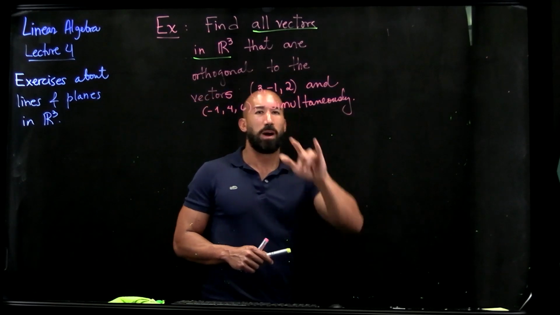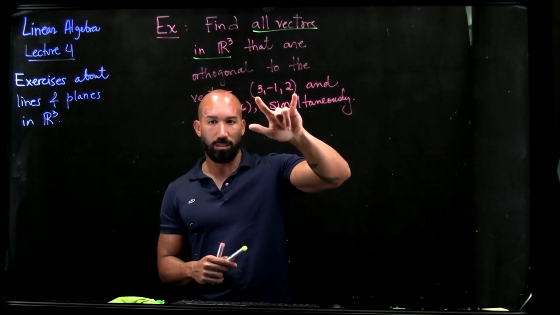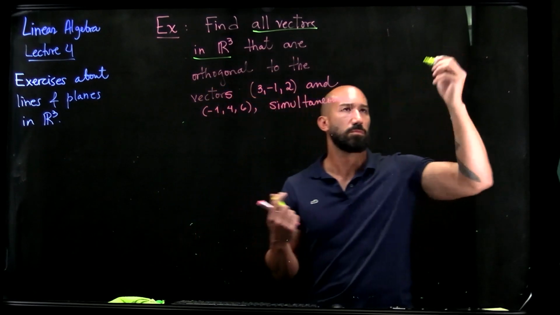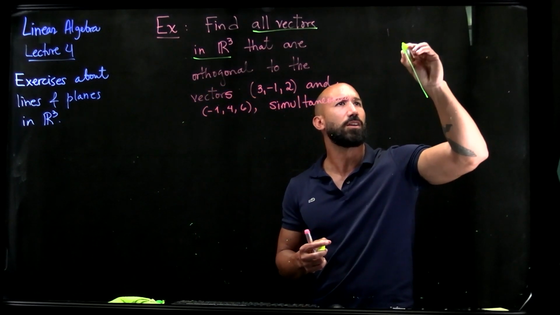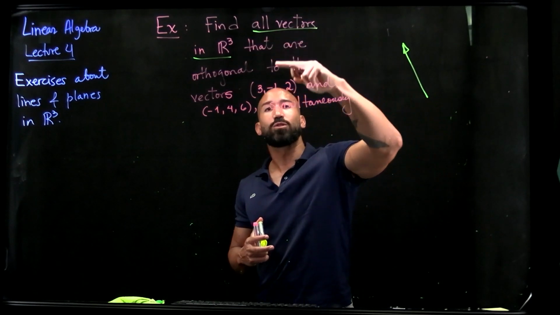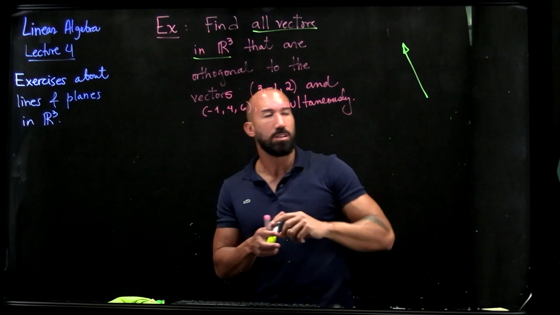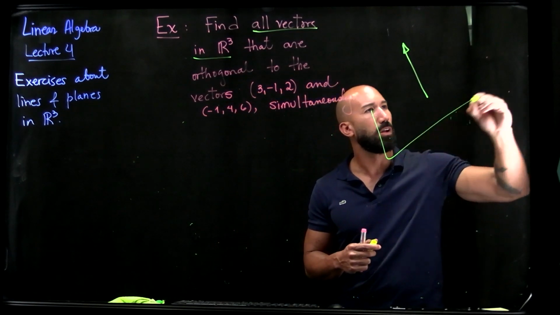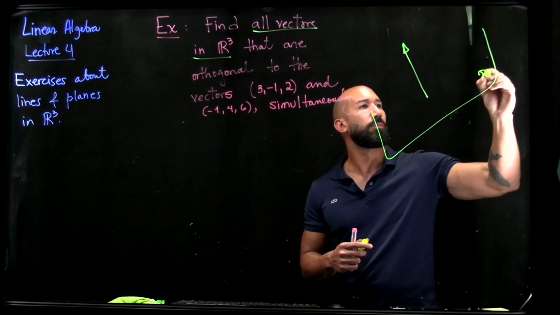All right? But if I look at this single vector, I'm going to represent it here arbitrarily. We know that all vectors that are orthogonal just to this one form a plane. Let me put that plane here, let me call it pi.